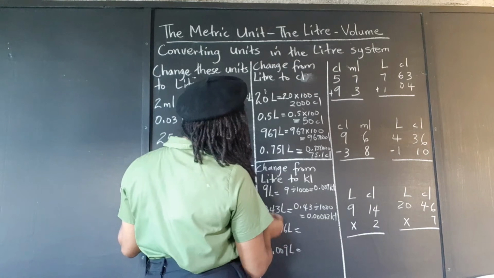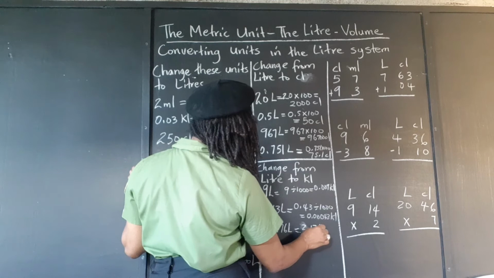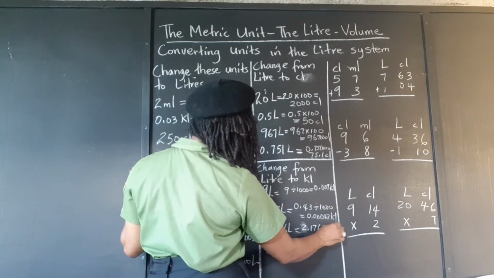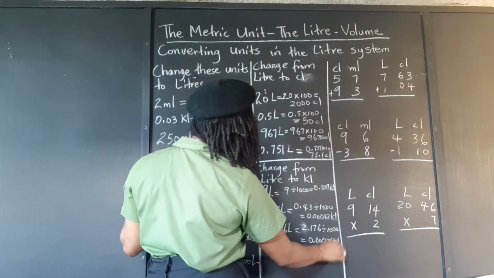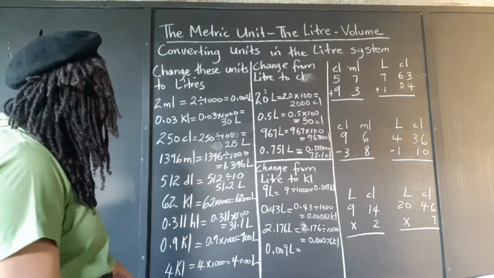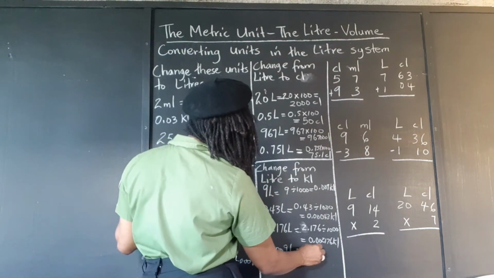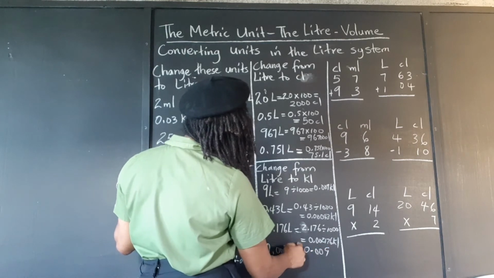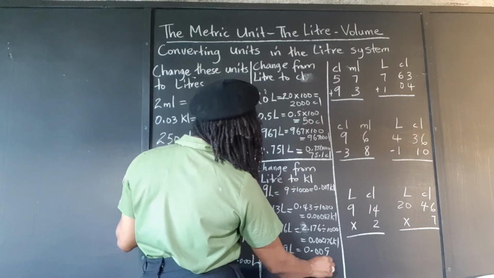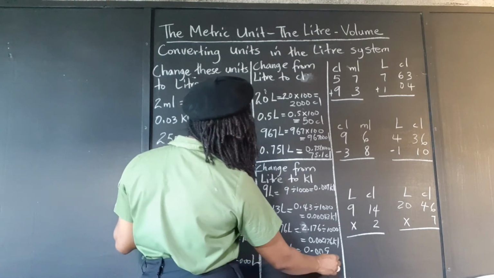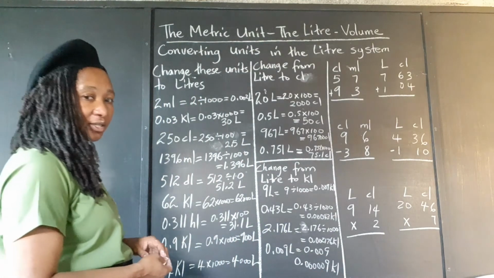When we're dividing by 1,000, we move 3 places back from the decimal point. And 0.09 liters to kiloliters, still dividing by 1,000, moving 3 places back. So that's 1, 2, 3. So we end up with zeros in front of the 9 to kiloliters. So liters to kiloliters, we divide by 1,000.